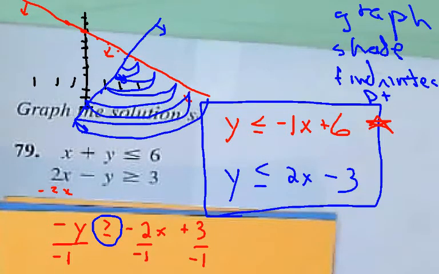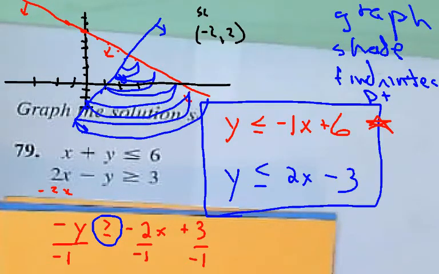Now if I gave you a point and I asked you, hey, is this point in the graph, is it a solution? All you have to do is just see, is it in the place? So if I picked a point over here like -2, +2, and said, is that a solution?